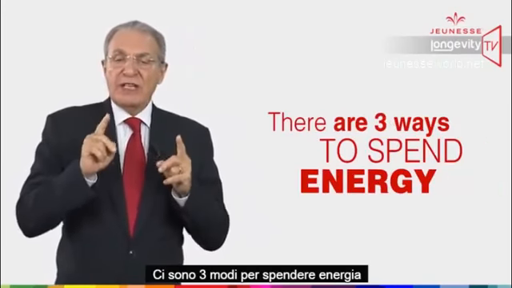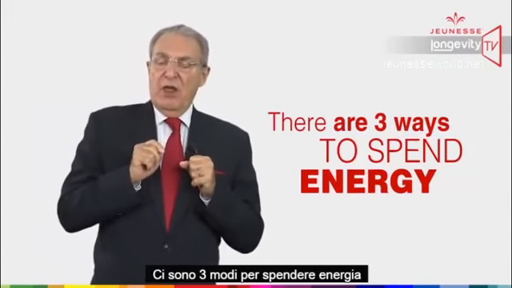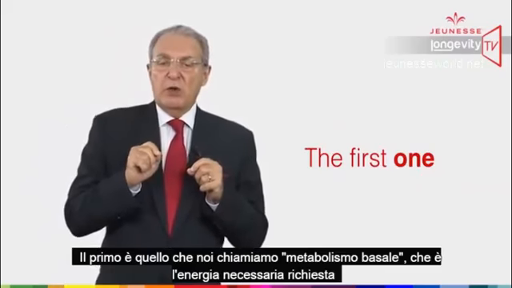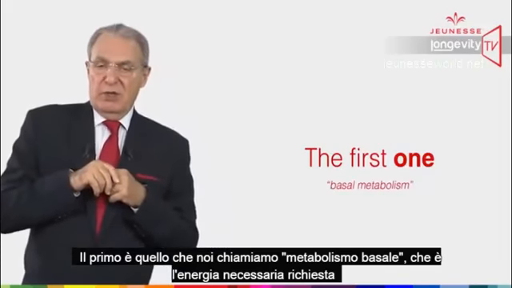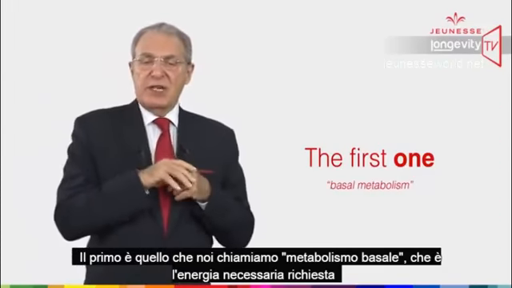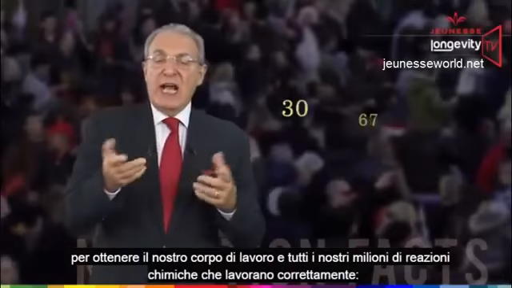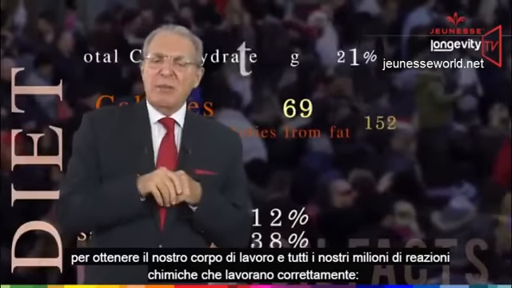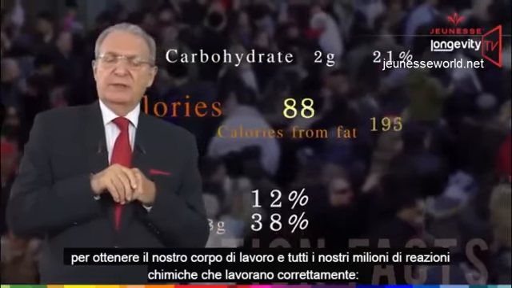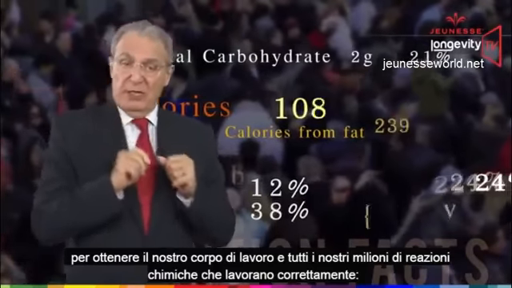There are 3 ways to spend energy. The first one is what we call basal metabolism, which is the necessary energy required to get our body working and all our millions of chemical reactions working properly.